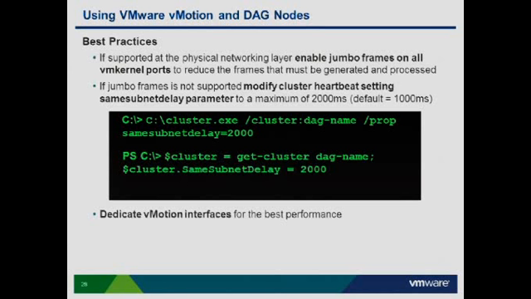Now, realizing that not every environment is going to be able to support jumbo frames end to end, we looked at other alternatives. So we went back, set everything to default, no jumbo frames, and we started playing with the cluster settings. Now, the cluster setting that worked for us was changing the heartbeat interval to 2 seconds.